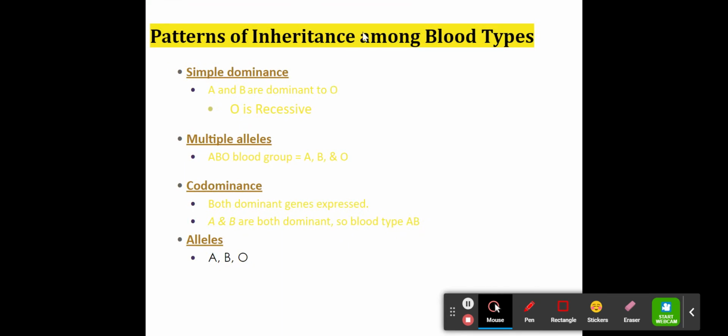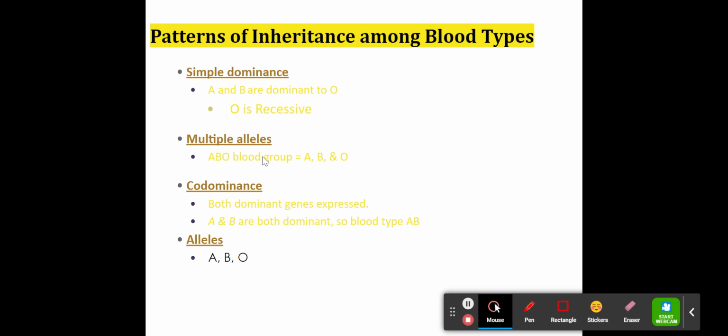All right, so when we look at blood types, this is just examples of multiple things that we're looking at. You have simple dominance. A and B are dominant to O. So O is our recessive trait. You have to have both recessive alleles in order to have O blood.